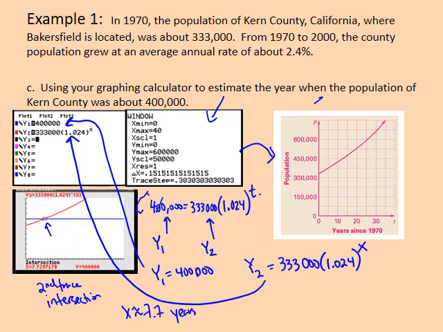Now, as you recall, that is 7.7 years since 1970. So if we actually want to figure out the year, it would be 1977.7. So towards the end of 1977 is when, according to this model, the population of Kern County is approximately 400,000 people.